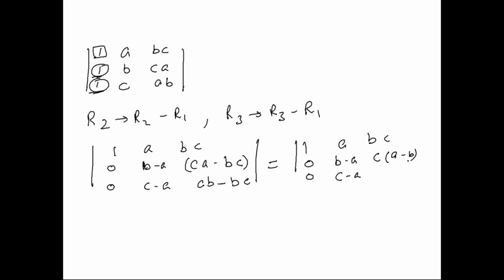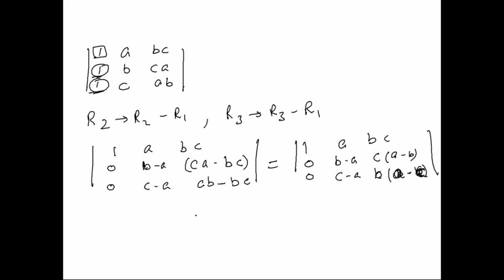A minus B. And over here I can again take C as common and I will be left with A minus B. Yeah, B is common. So this becomes A minus C.